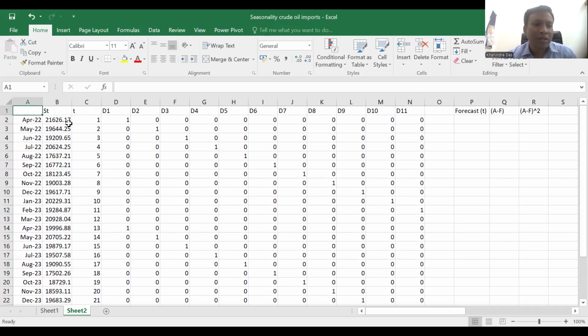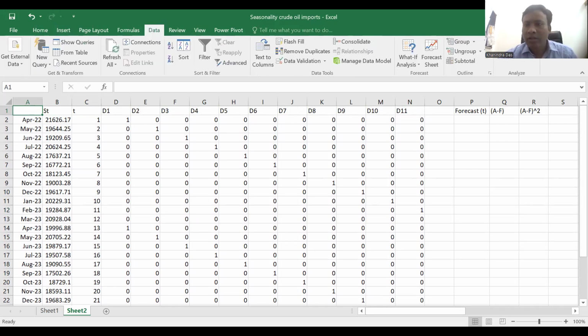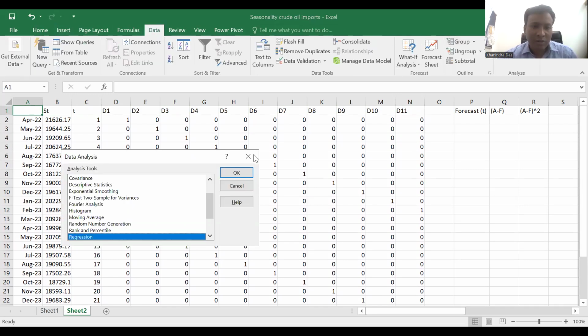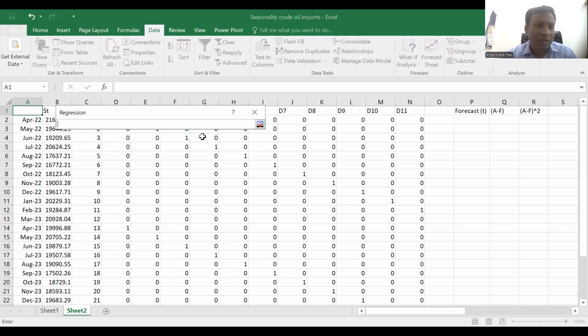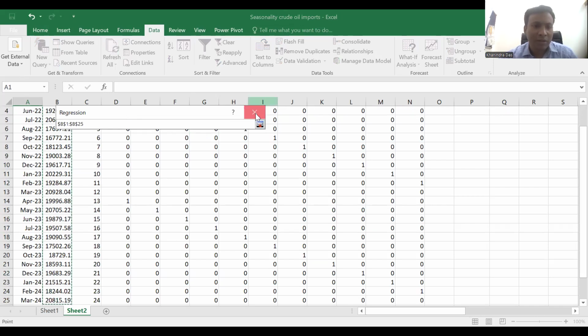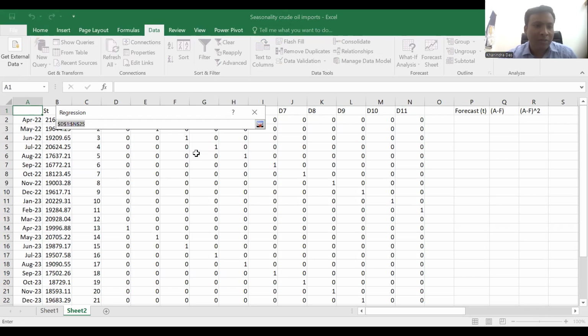So first we estimate the trend equation. The dependent variable is ST. The independent variable for the trend equation is simply the time variable.